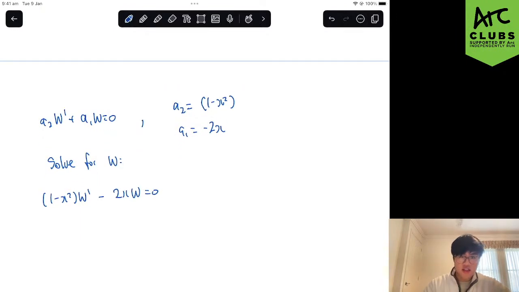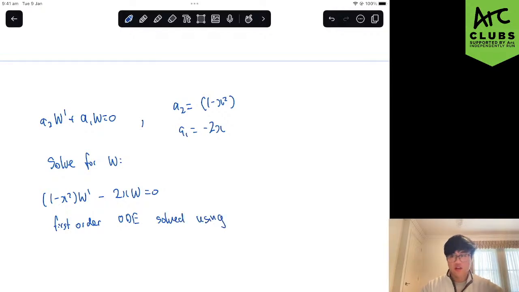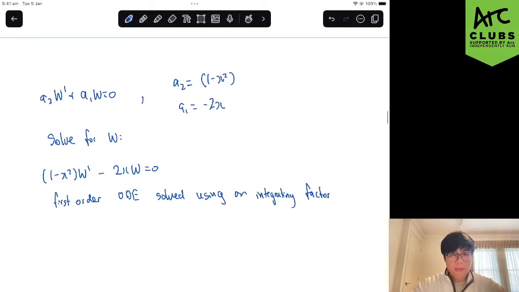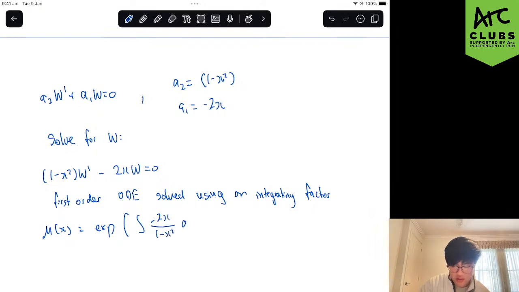And this here is just a simple first order ODE, and it can be solved using the integrating factor. So for this, we'll take the integrating factor to be exponential of the integral of p of x, which is minus 2x over 1 minus x squared dx. And you'll see here that this is just equal to 1 minus x squared.